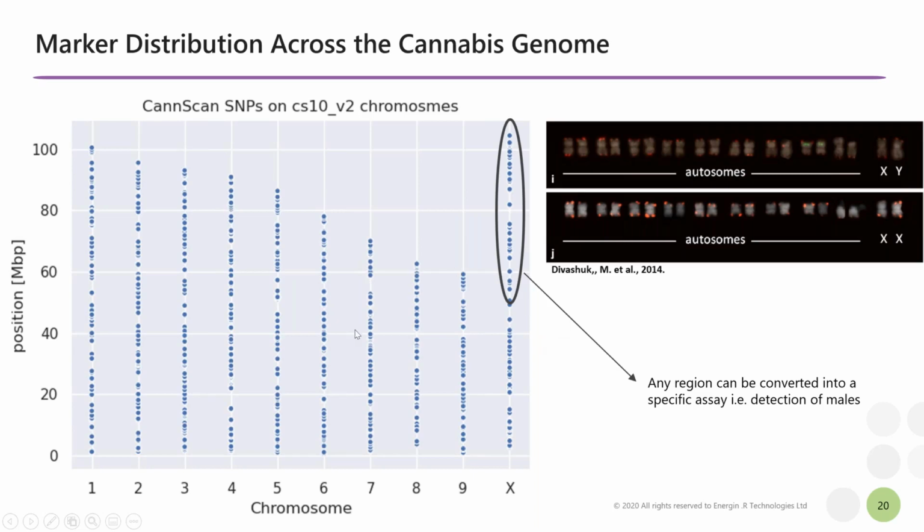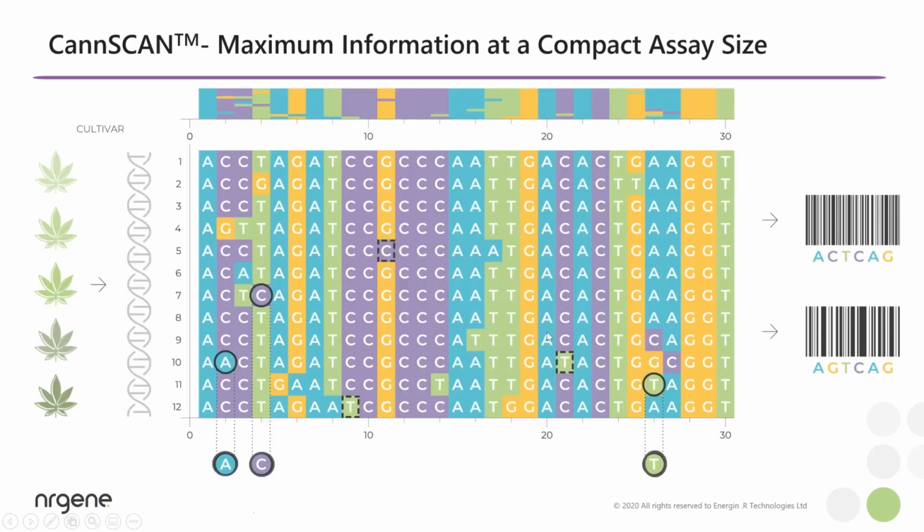But you can also choose other regions and do the same exercise in other regions of interest. You could choose a subset of the 200 and drill down and have that associated with the traits of interest.